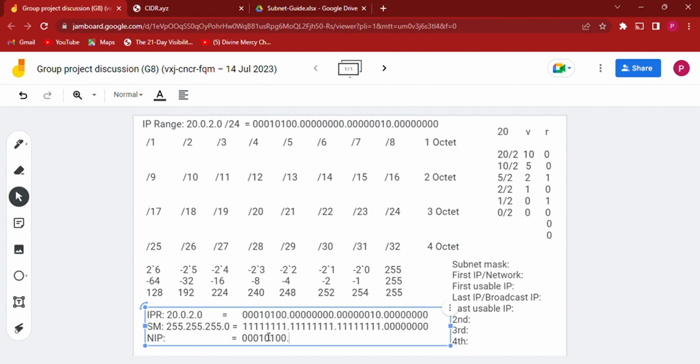Then 1, 2, 3, 4, 5, 6, 7, 8 for the next octet, and 1, 2, 3, 4, 5, 6, with 1 and 1 is 1 and 0 and 0 is 0. Dot, 1, 2, 3, 4, 5, 6, 7, 8. So this is our first IP, which is reserved as the network IP. You convert this back to base 10 to be able to write it out like this.